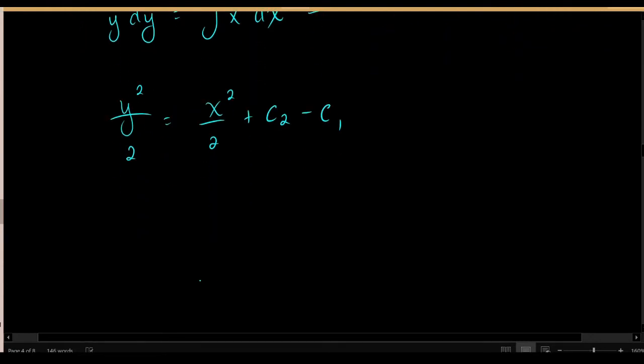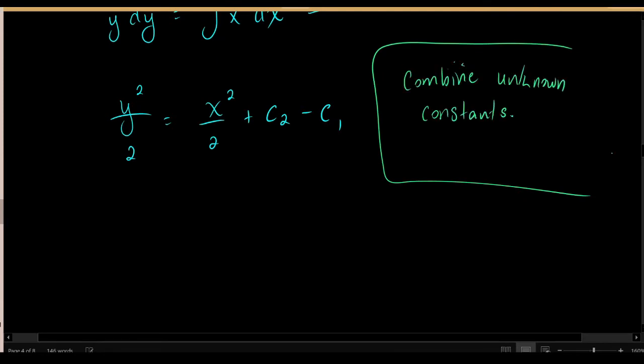Now we're going to begin a time-honored tradition in differential equations of combining constants. If c2 is an unknown constant and c1 is an unknown constant, then c2 minus c1 is just going to be some other unknown constant. So for simplicity's sake, let's combine those into a single unknown constant called plus c.